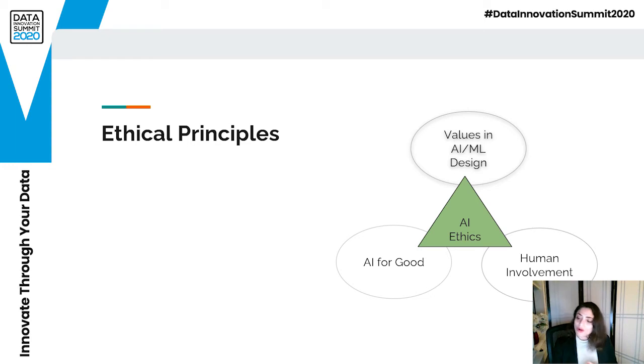Number two, always embed diversity, human in the loop or human into practice, to make sure there is an ethical aspect being embedded in these AI-based applications. And number three, always have an AI for good mindset when designing AI-based applications. These are the fundamental principles of ethics in AI.